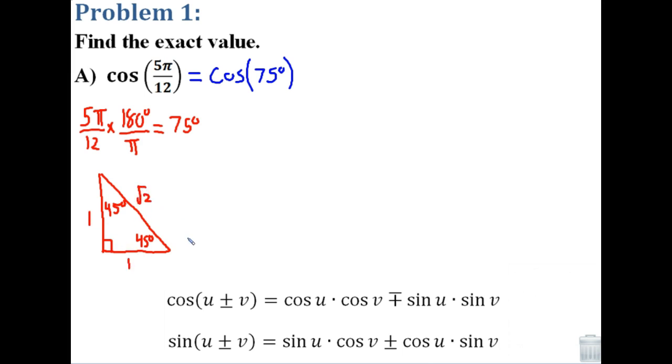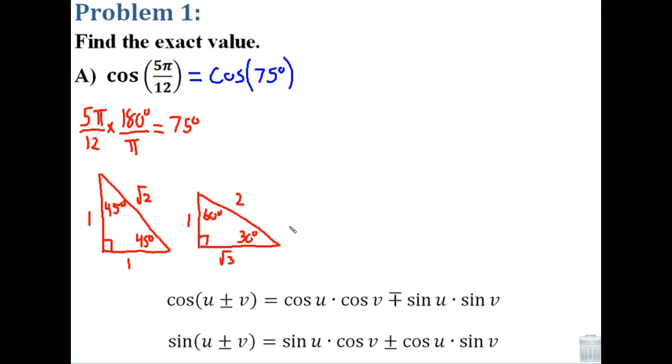That was one of our special right triangles. And then we also had the 30, 60, 90, with side lengths of 1 across from the 30, root 3 across from the 60, and 2 as the hypotenuse.